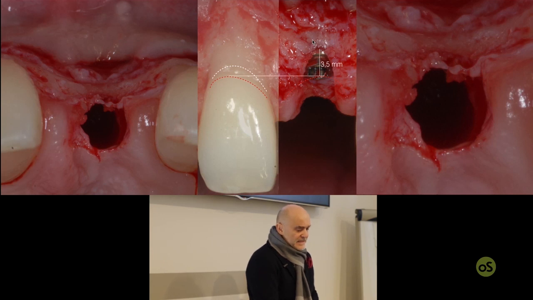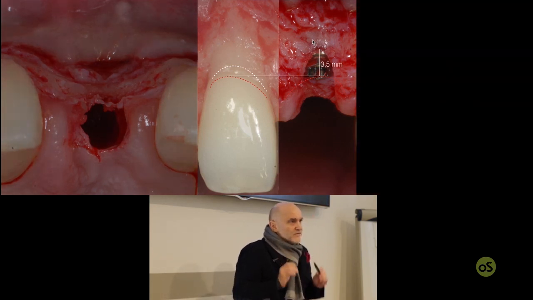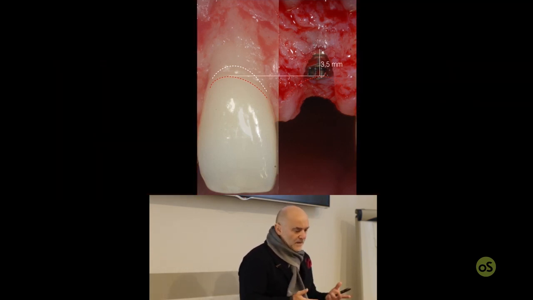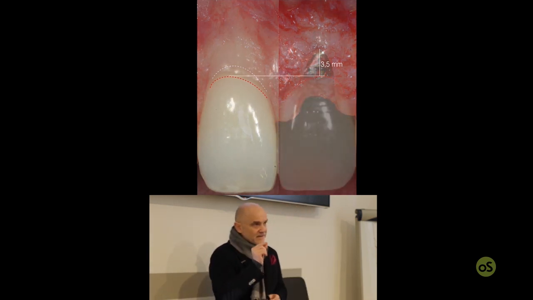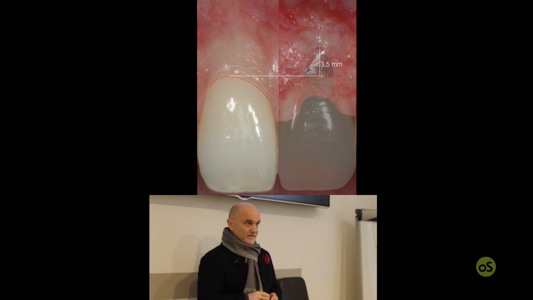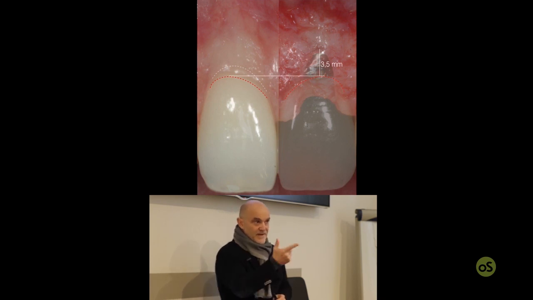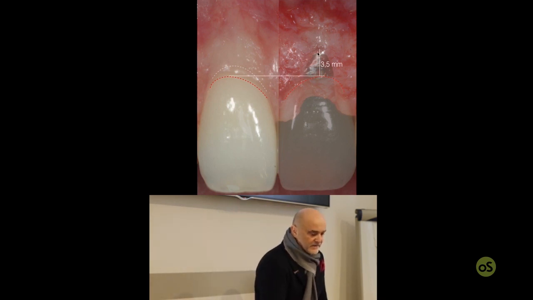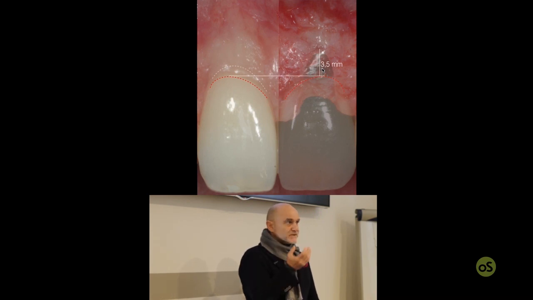Because even if the bone doesn't resorb, there is still an area where I have to make something to prevent gingival recession, and this is the area comprised between the soft tissue margin of the implant-supported crown and the buccal bone, that even in the best situation where the bone doesn't resorb, is 3.5 millimeters.